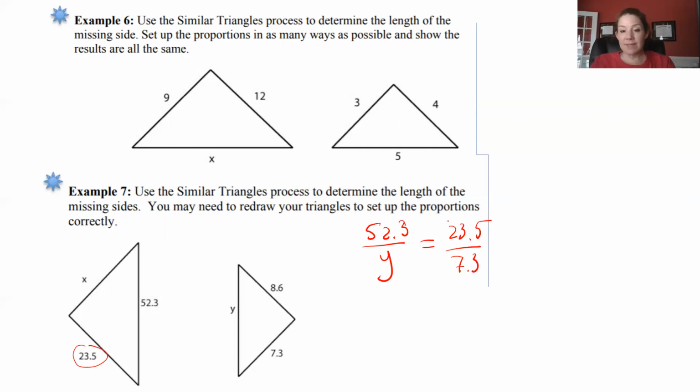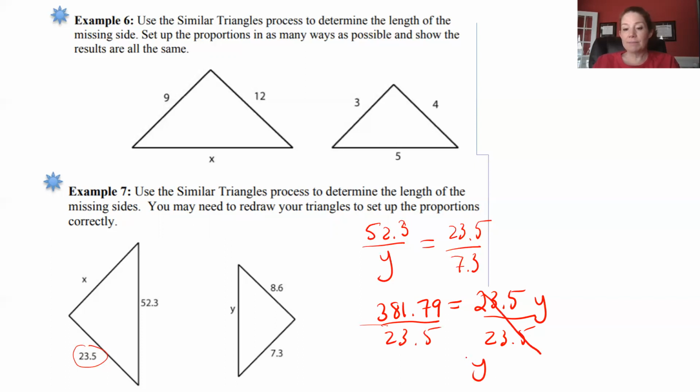Since these are decimals, we're going to have to cross multiply. 52.3 times 7.3, and I get 381.79, and then I cross multiply and I get 23.5y. Then how do you cancel out times 23.5? We're going to divide both sides by 23.5.